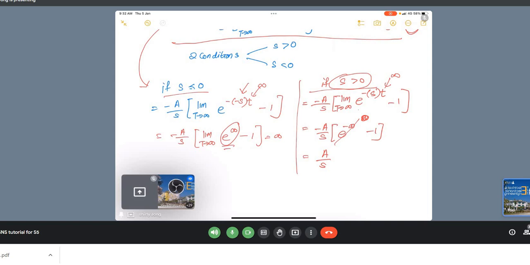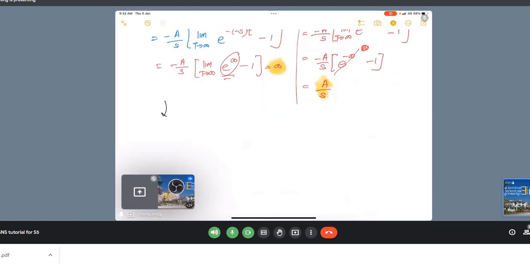Negative 1 multiplied with negative a over s, I get a over s. So if you compare, I get different values. If s less than 0, the answer is infinity. If s more than 0, I got the value a over s. That's why you need to test. Understand? Okay. So you can rewrite all the question again.